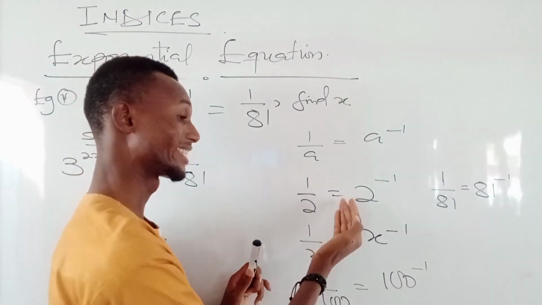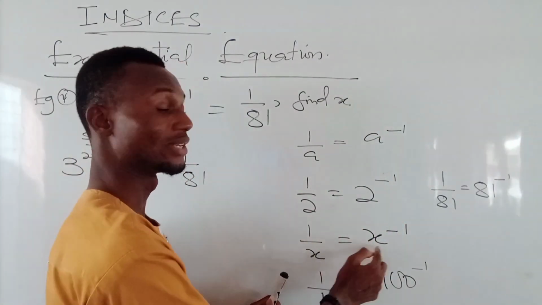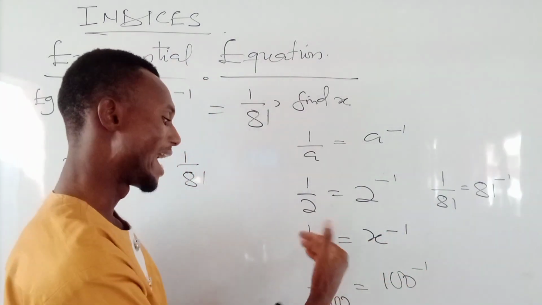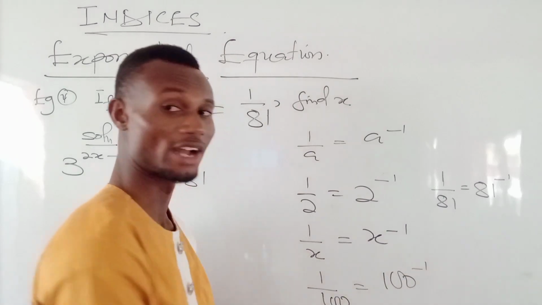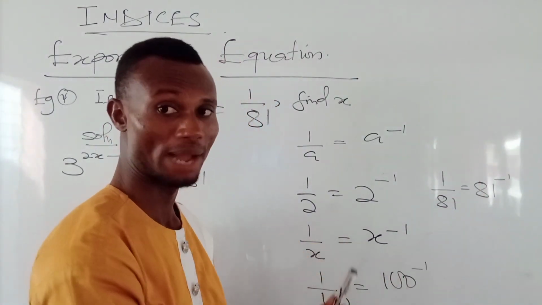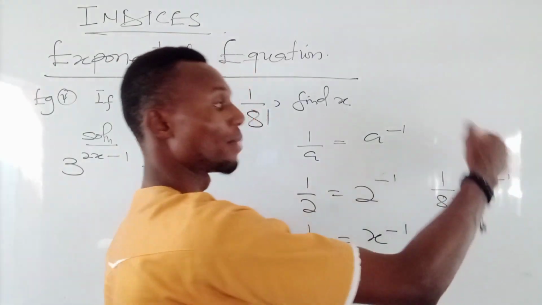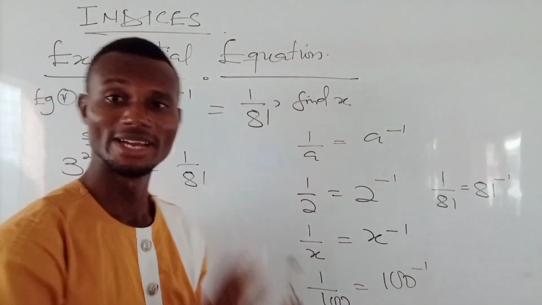Having 1 over 2, it can be written as 2 to the power negative 1. Having 1 over s, it can be written as s to the power negative 1. And having 1 over 100, it can be written as 100 to the power negative 1. In that same way, having 1 over 81, it can be written as 81 to the power negative 1. That's the first step to handle this question.